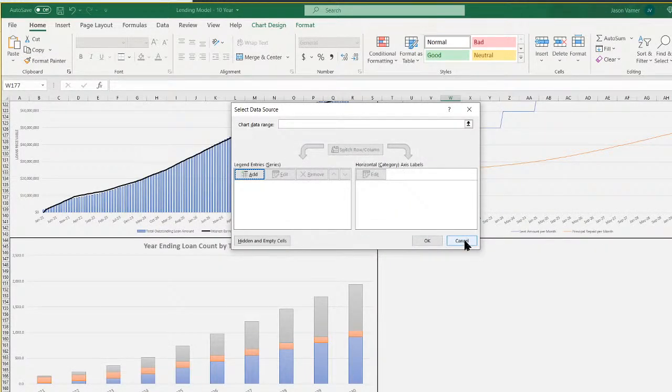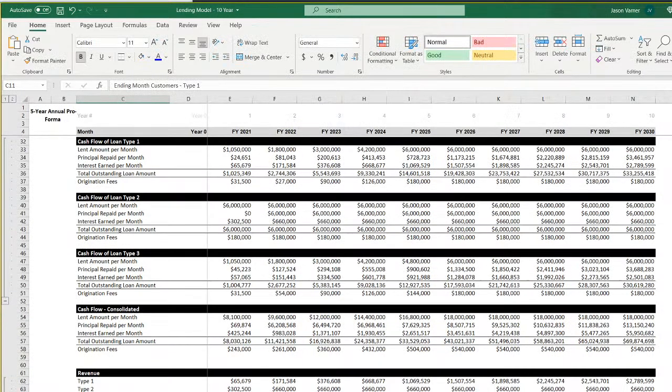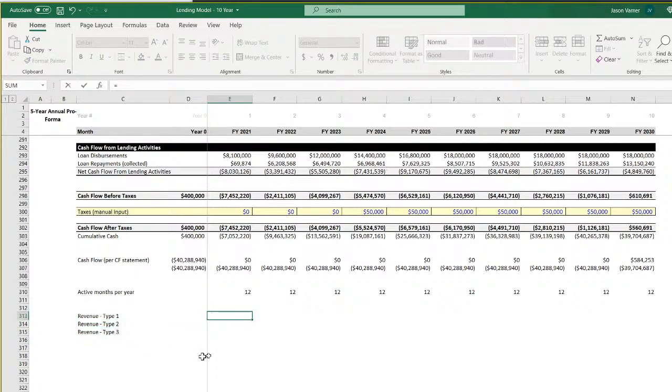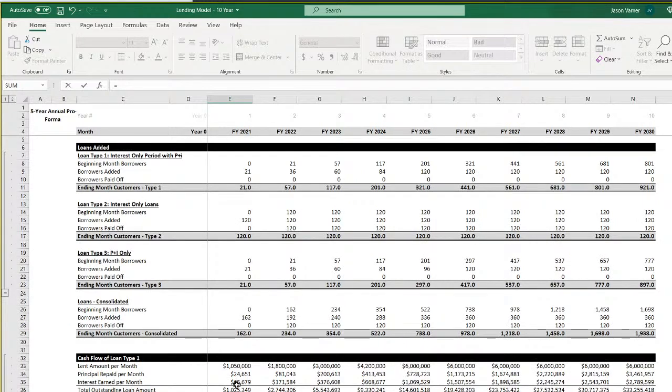So if we go to our annual down here, we've got revenue type 1, revenue type 2, revenue type 3. So interest plus origination fees is revenue.